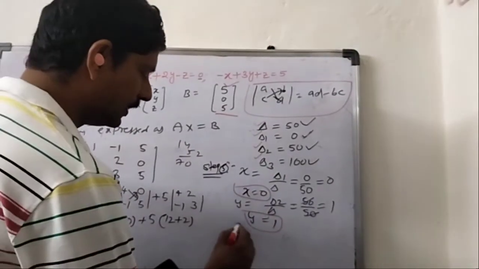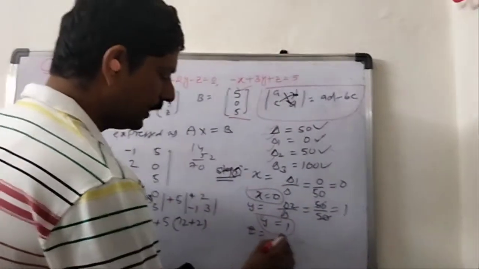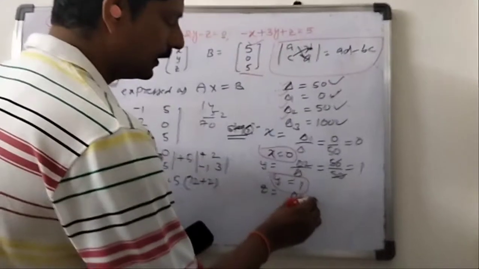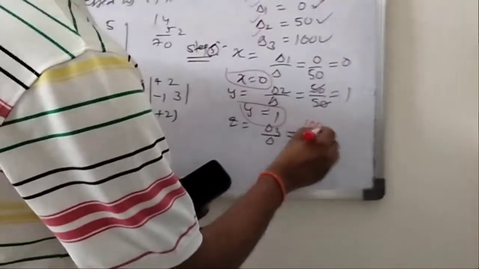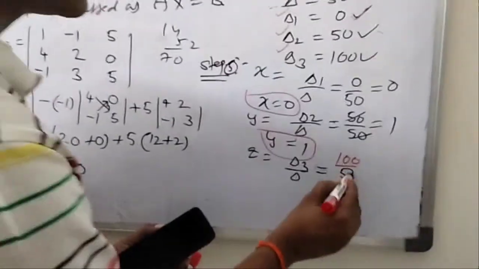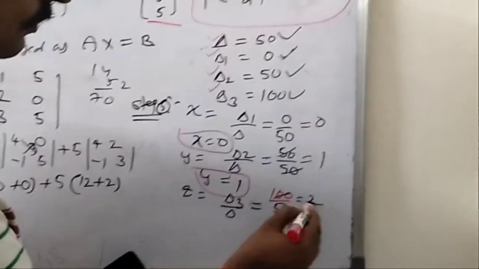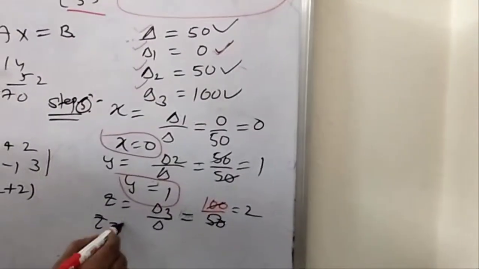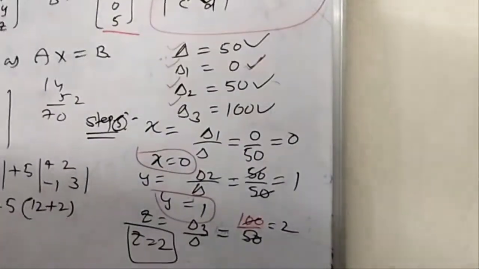And z is equal to delta 3 by delta. Delta 3 is 100 and delta is 50, so 50 cancels 2 times, and z is equal to 2. These are the x, y and z values.